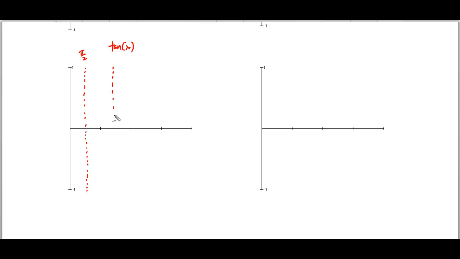So I'm going to make sure that I have asymptote lines at every pi over 2, which also means x equals negative pi over 2 is an asymptote line as well.